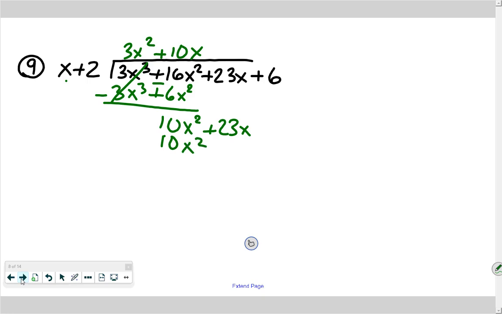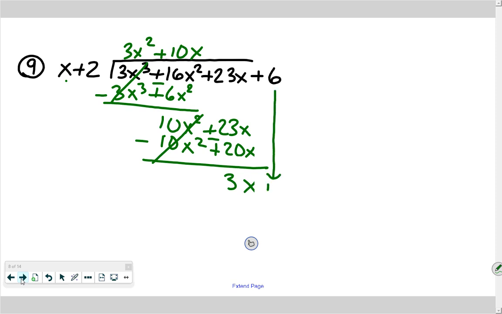Distribute it to the 2, which gives me a positive 20x, but I've got to switch. These guys go away. That's going to give me 3x, and I'm at my last step of bringing down the positive 6. So 3x divided by x is just going to be 3. When I distribute it back, I get a 3x plus 6, but I've got to switch.